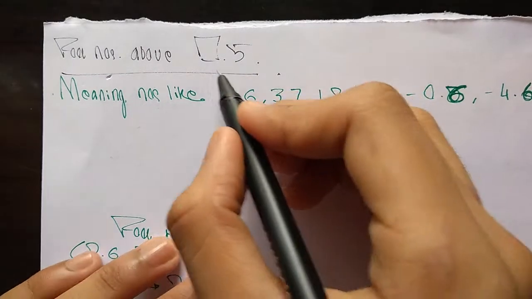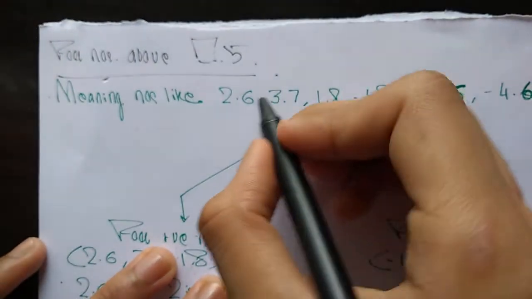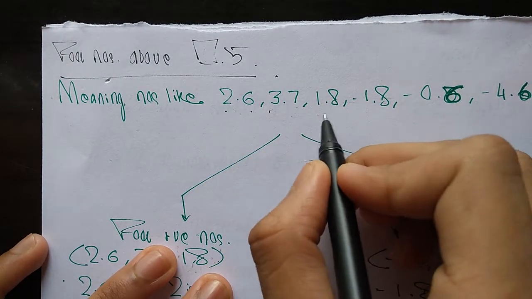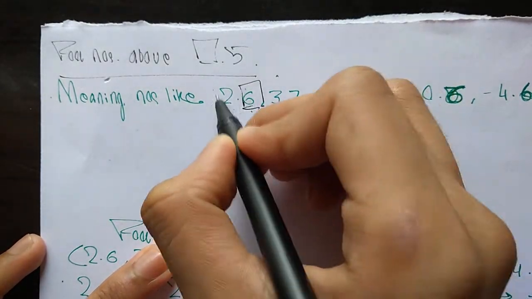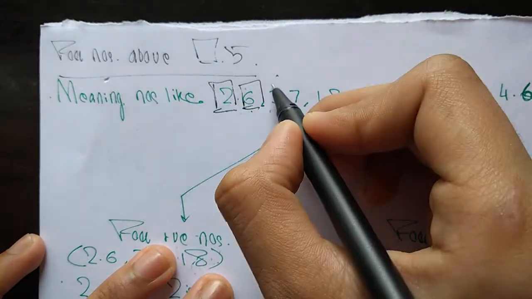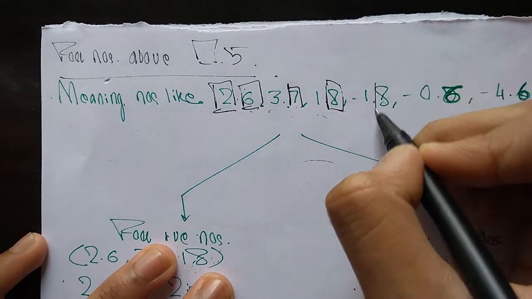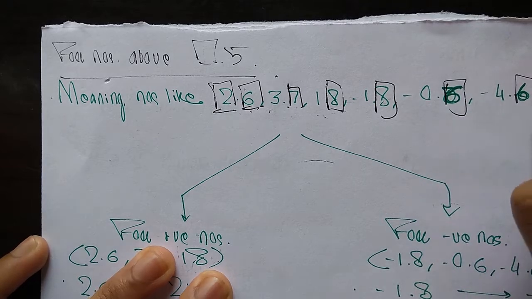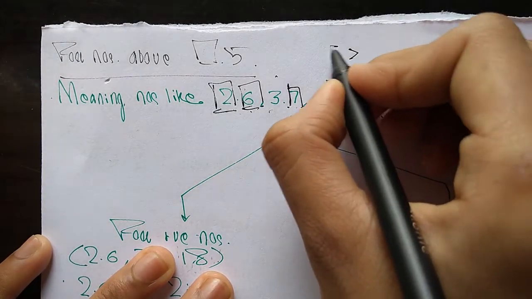Now for numbers above 0.5, what does this mean? Suppose we take 2.6, 3.7, 1.8. What's the fractional part in this? 6. What's the integral part? 2. The fractional part here is 7, and here it is 8. Can you observe a general trend in these? They are greater than 5.